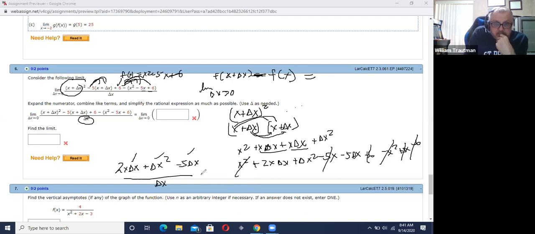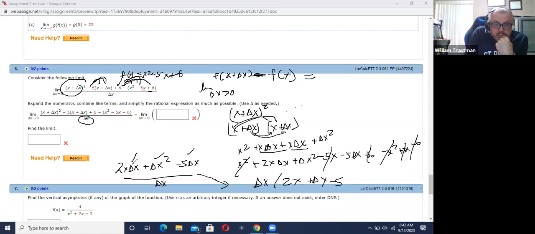Factor out a change of x out of the top. 2x plus change of x. Is that a minus 5? Yes. 2x plus change of x minus 5.